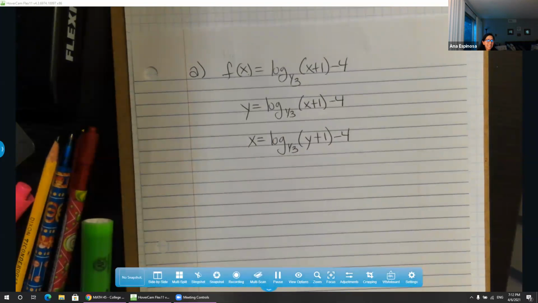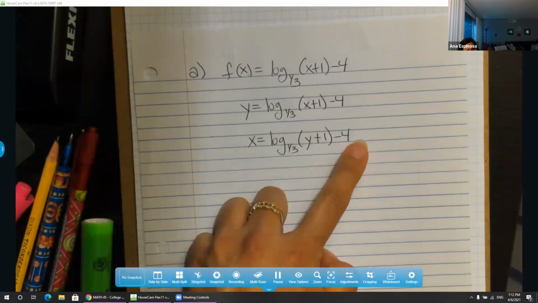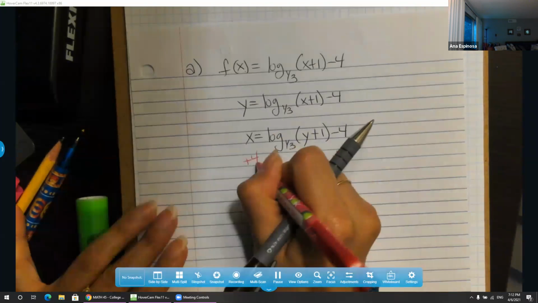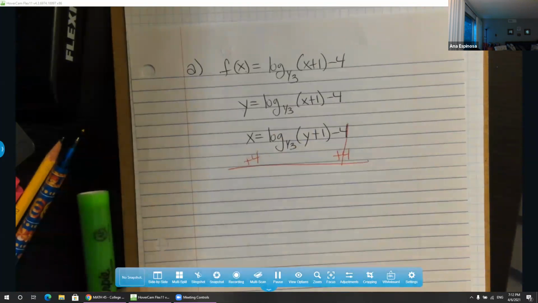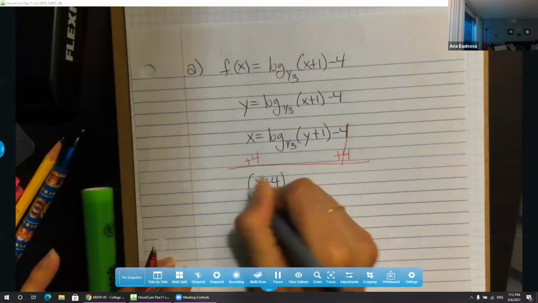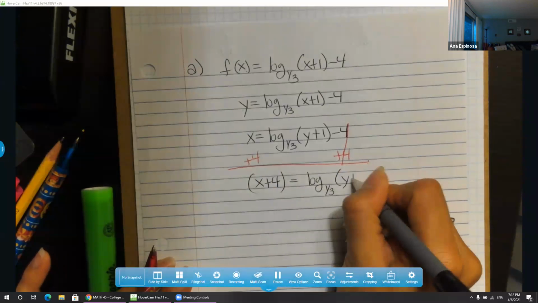Okay, next step, solve for this y. I cannot solve for this y if I have something adding or subtracting. So I am going to add a 4. I'm going to try to isolate this as much as possible. So I get x plus 4 equals a log base 1/3 of y plus 1.